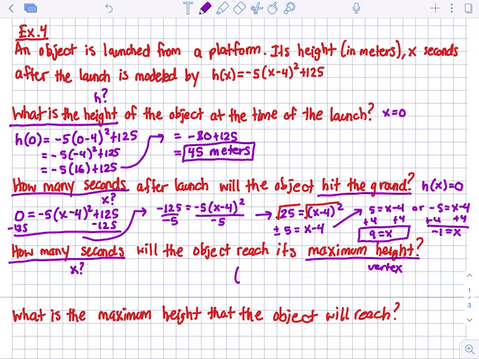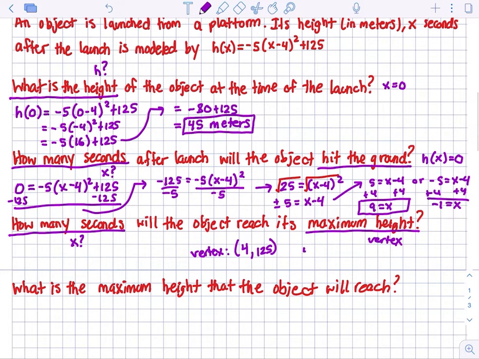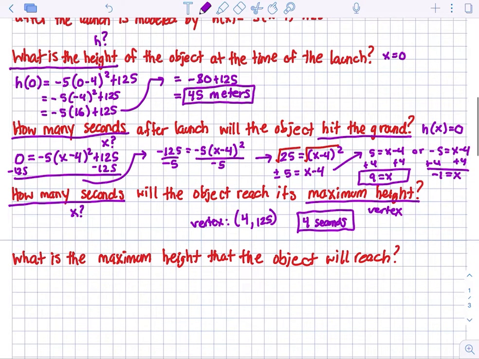So your vertex in this equation is (4, 125). So how many seconds will the object reach its maximum height? Its maximum height is 125, so it would be in 4 seconds, because that's the x value of the vertex. And then the bottom, what's the maximum height? The maximum height from the vertex is 125 meters.